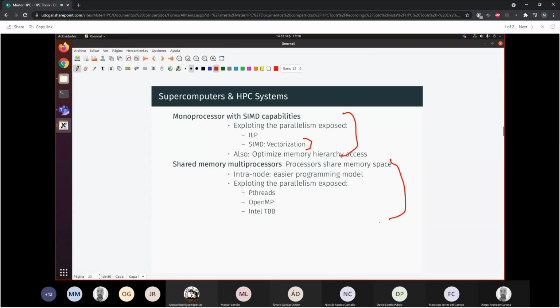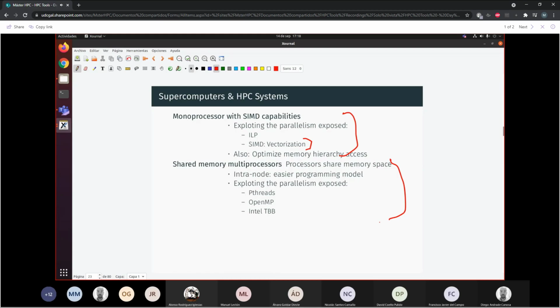You will see when you learn parallel programming that this is much easier to code. And actually, you are going to learn in parallel programming a technology which is called OpenMP.